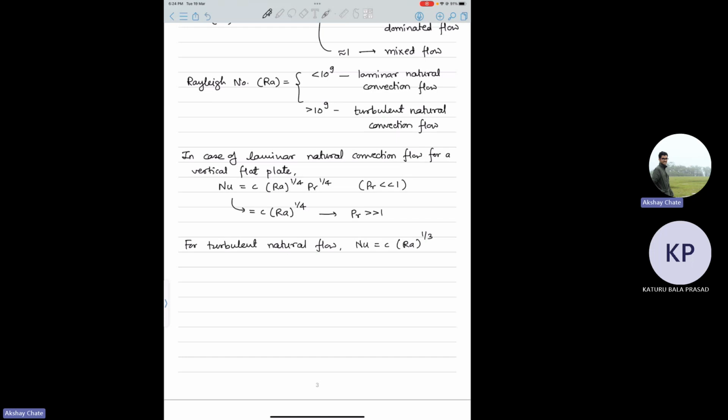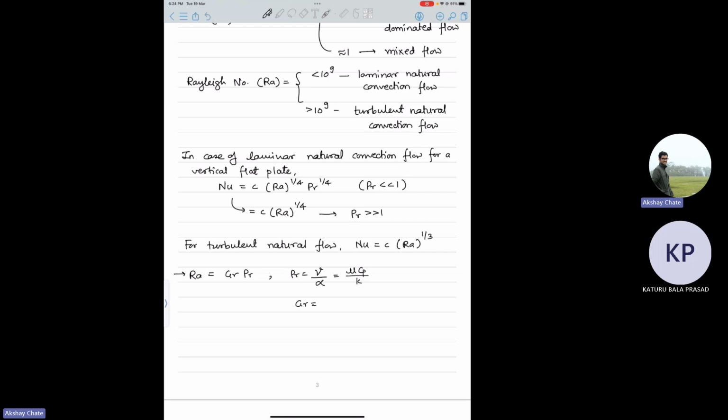Again, the Rayleigh number is the Grashof number into the Prandtl number. We know the Prandtl number is a ratio of two diffusivities, or in other terms, it is mu Cp by K of the fluid.